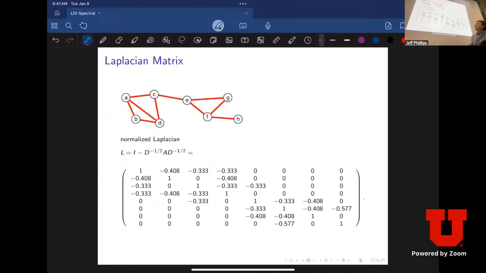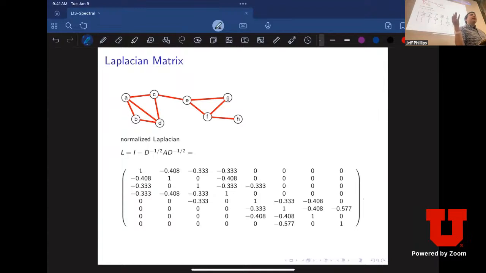And what it's doing is normalizing out the degree of each vertex. Now I see the ones on the diagonal instead of the degree on the diagonal. So I'm reducing the importance of nodes with very high degrees, because that doesn't matter so much in my clustering.